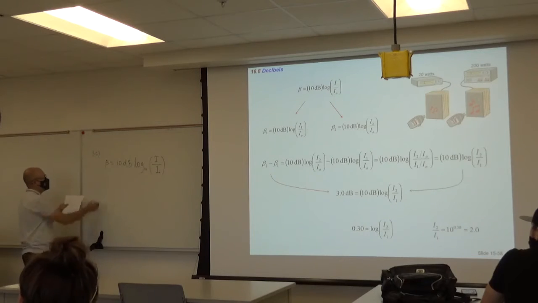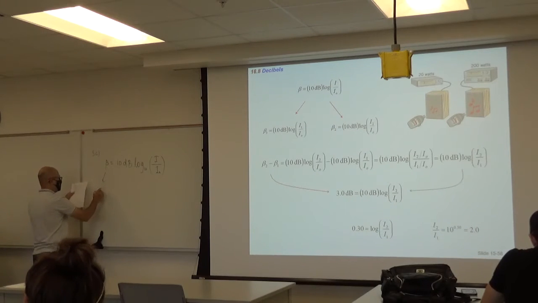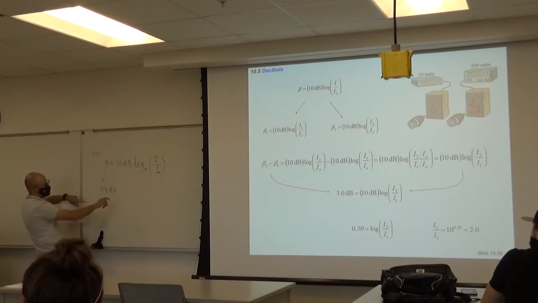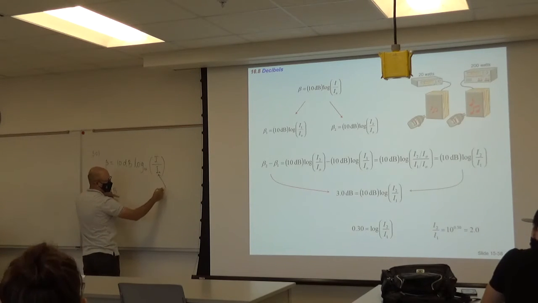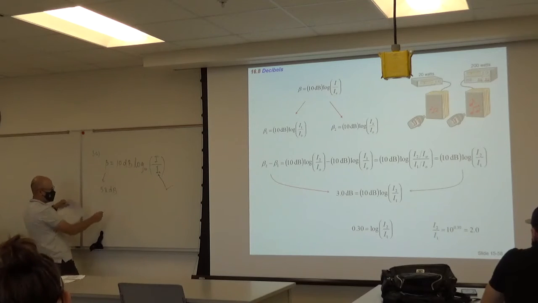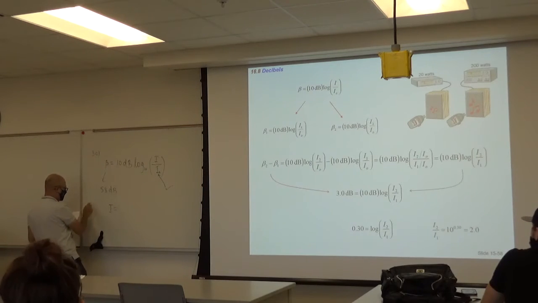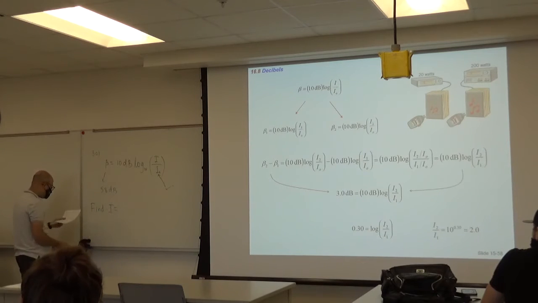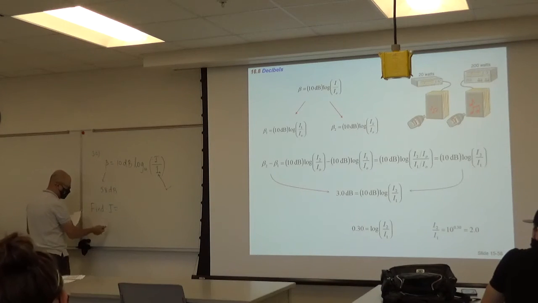So this is given. This is 58 decibel, and I naught is always fixed. Using this equation you can find I. Once you have I, we have power given.